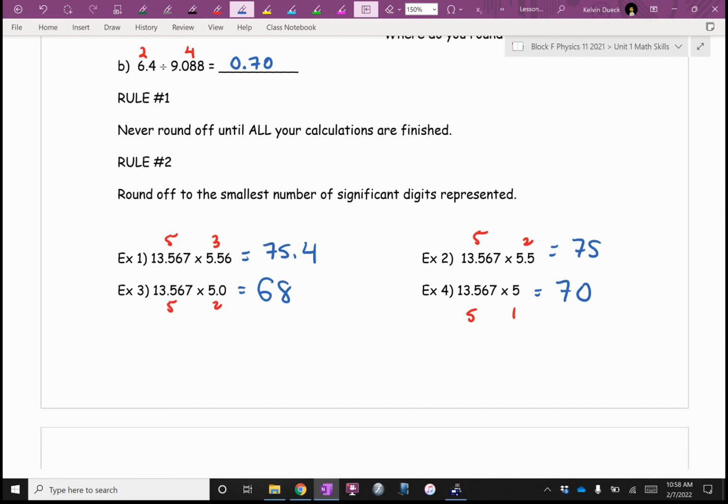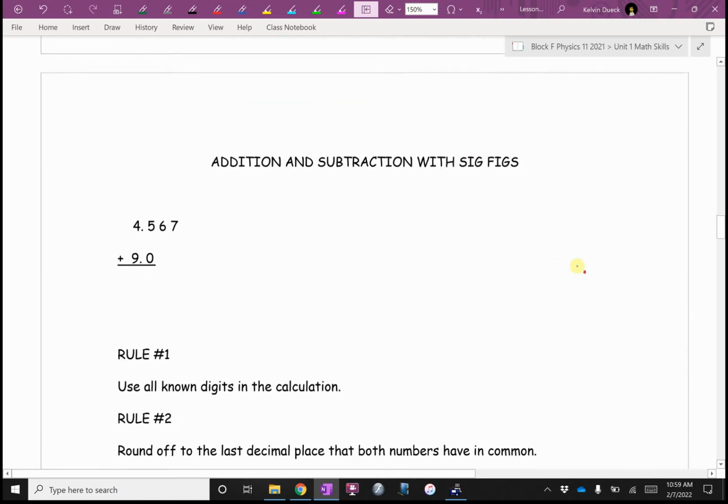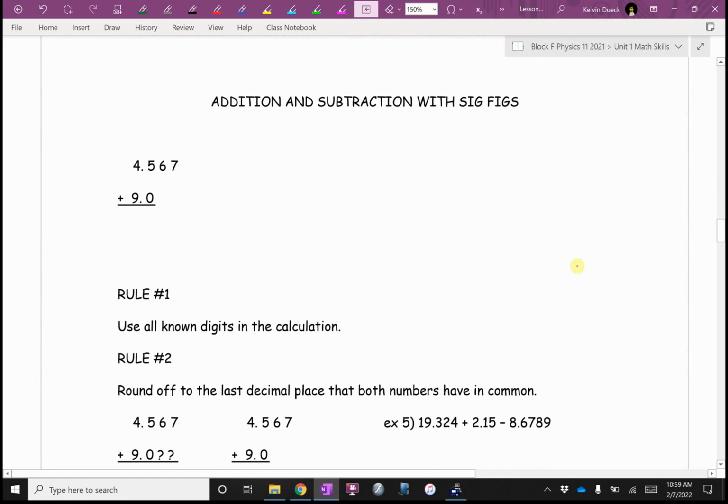The rule for adding and subtracting is tougher. It doesn't have anything to do with sig figs. It has a lot to do with decimal places. So for multiplying and dividing, count the sig figs. For adding and subtracting, count the decimal places. This 4.567, how many decimal places does this first number have? 3.